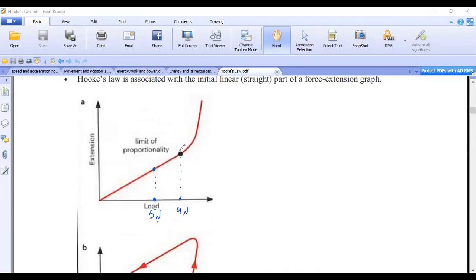But here, if you remove the 9 Newton from the spring, it will not return to the original length once again. And take a point here, let's say it is 11 Newton. If you remove this force from the spring, it will not return again to the original length. So here, if we remove the force of 11 Newton, it will not return back to the original shape.